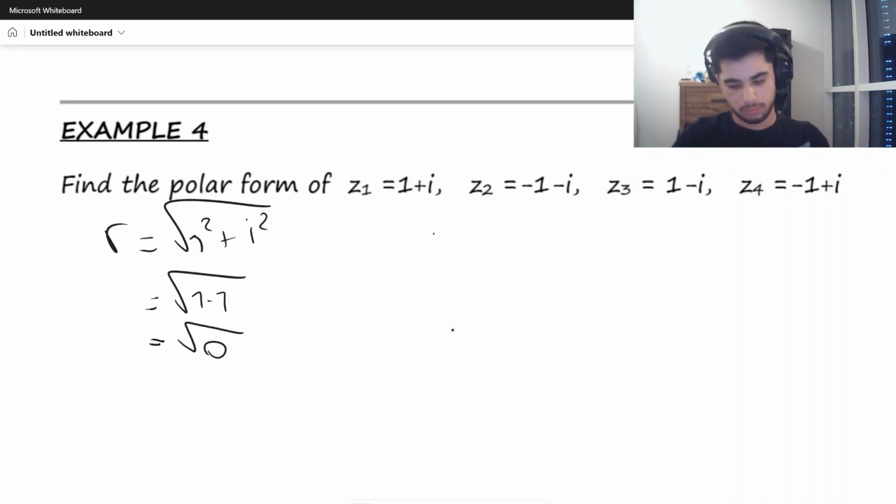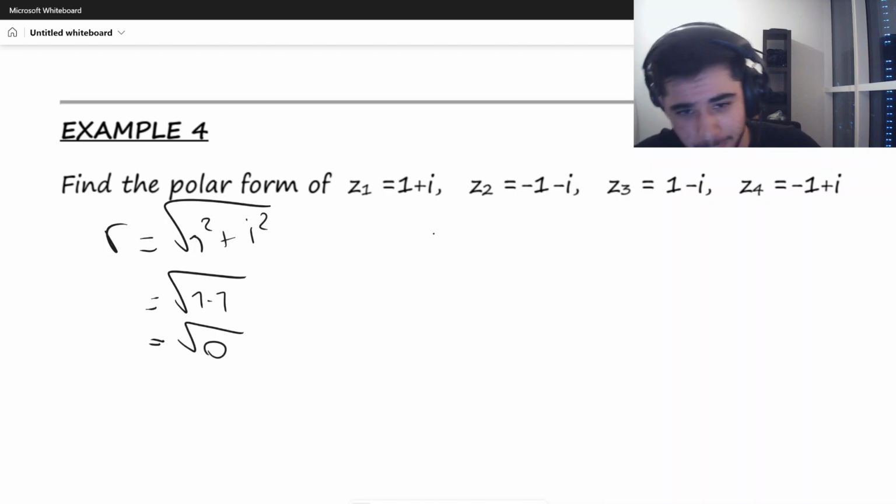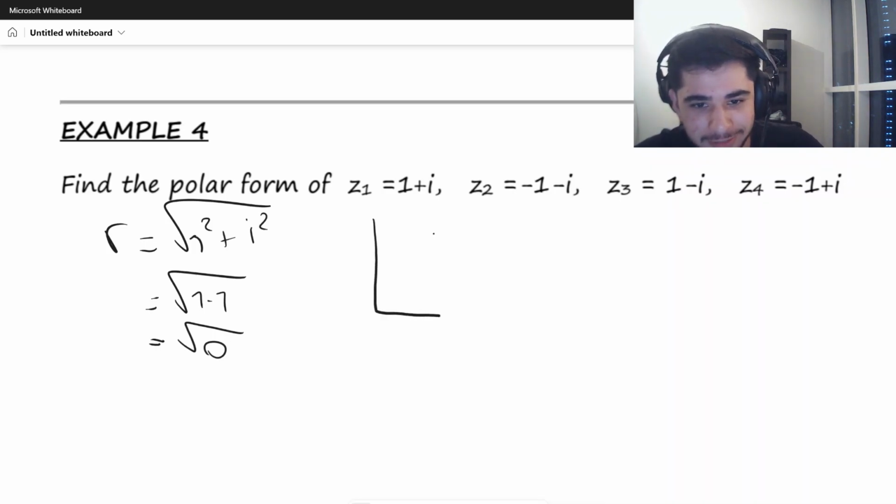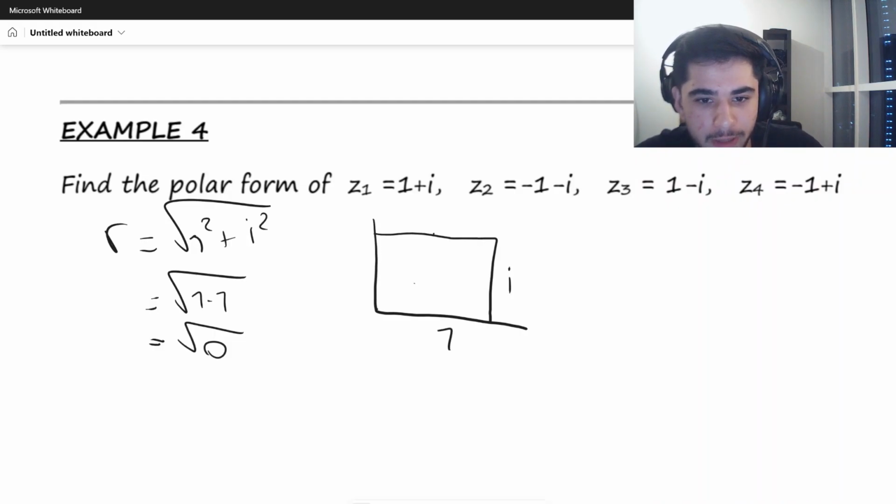Mine? Okay, let's see. Square root of 1 squared plus I squared. Okay, so we make our graph. Done, done. So this is 1, this is I, and that's 0.